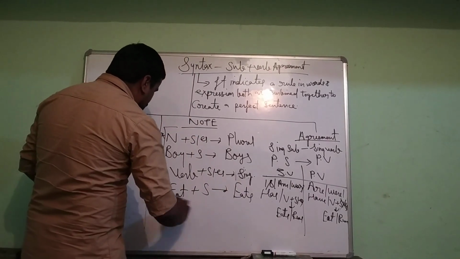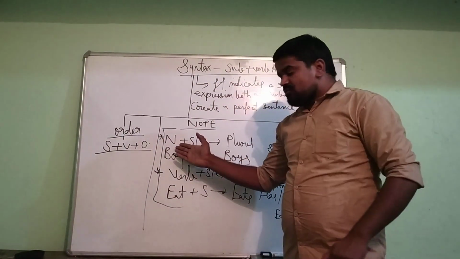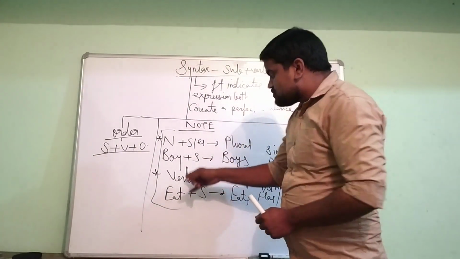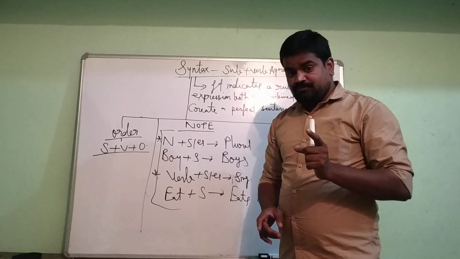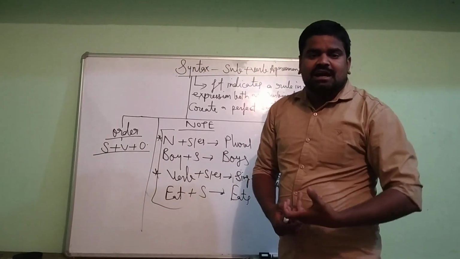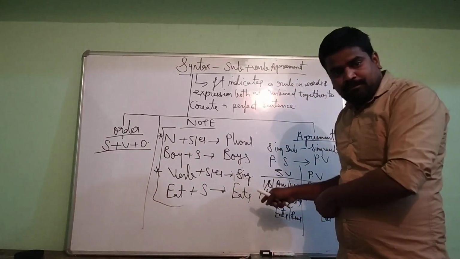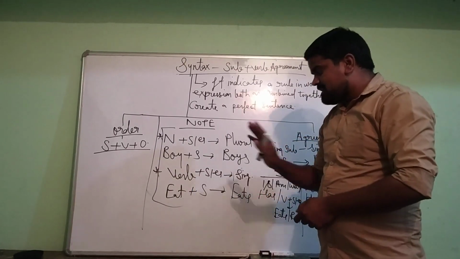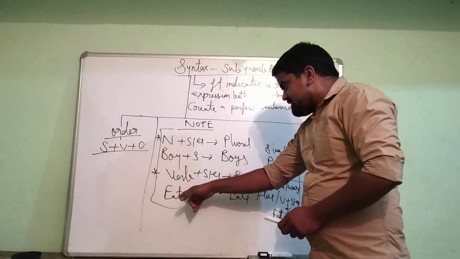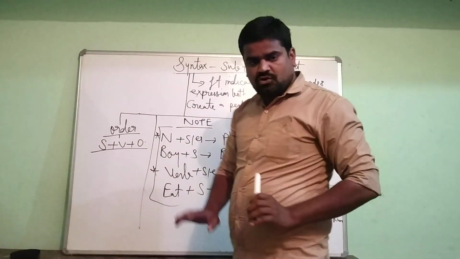So noun and verb are just opposite to each other. Have you got it?